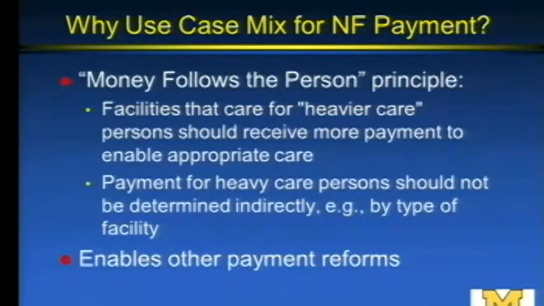Whatever the total pie of payment is, those facilities that care for the heaviest care people should get a larger portion of that pie. Now, everybody may be underpaid, everybody may be overpaid, but at least the lion's share of that money should go for people who are caring for heavy care people as opposed to people who are caring for light care people.